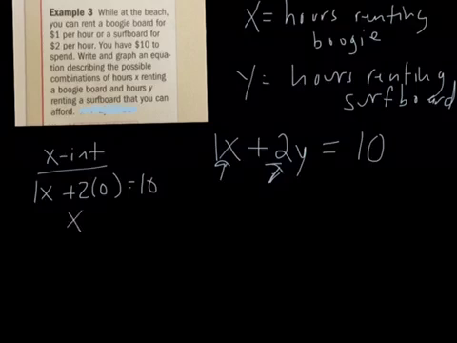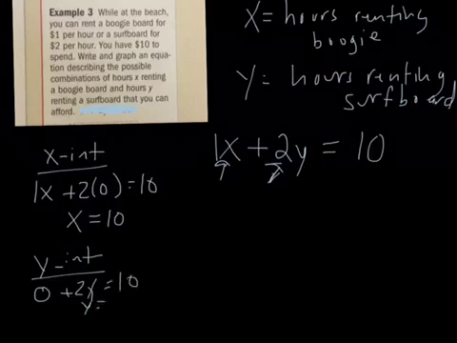So this simplifies as just x equals 10 for our x-intercept. For the y-intercept, we're going to plug in 0 for x, so 0 plus 2y equals 10. Therefore, y equals 5.